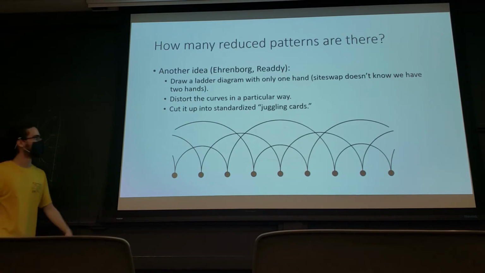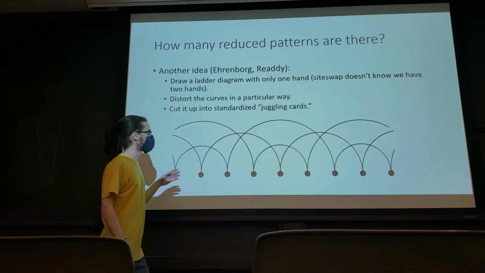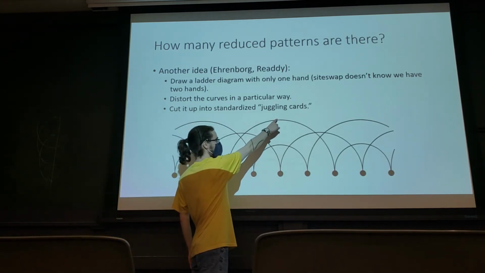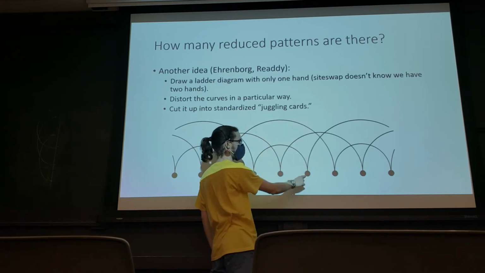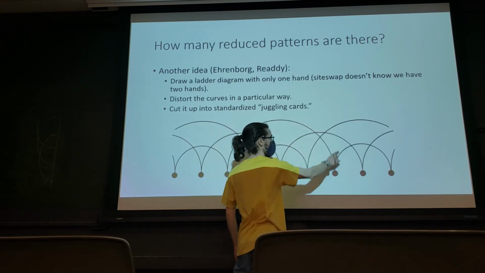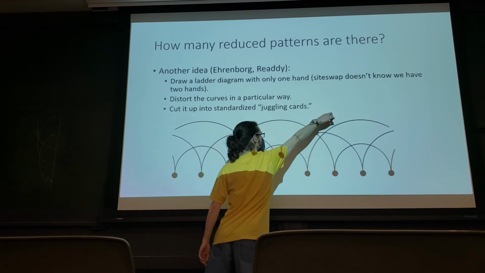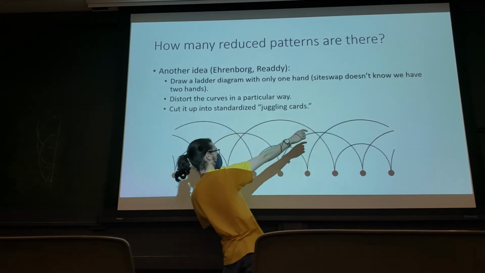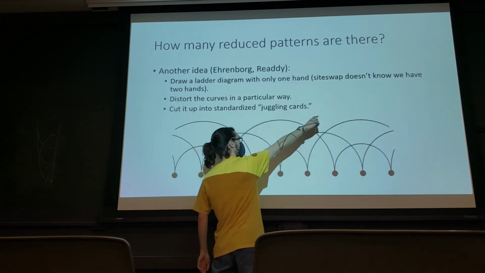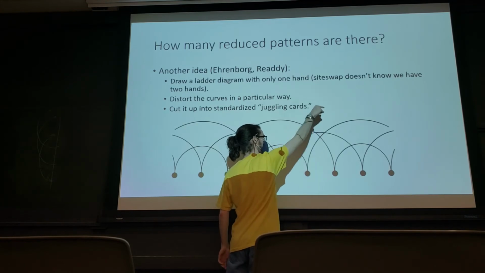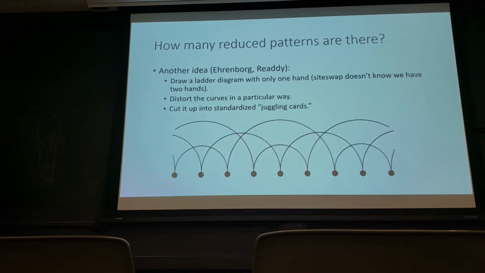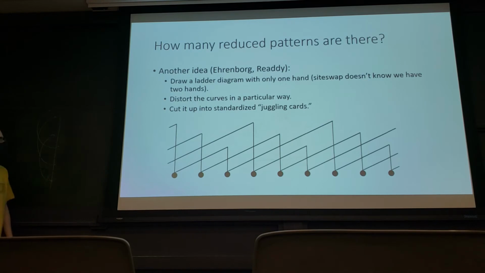The first step in this distortion is that we move the peak of each curve directly over where it lands, and then attach that peak to the throw with a straight line, and attach the peak to the catch with also a straight line. For this pattern, this looks like this.